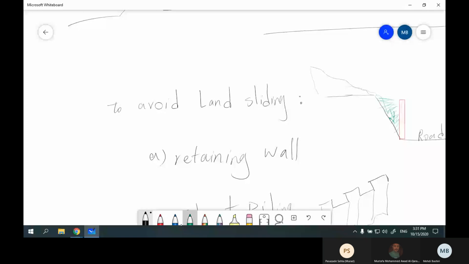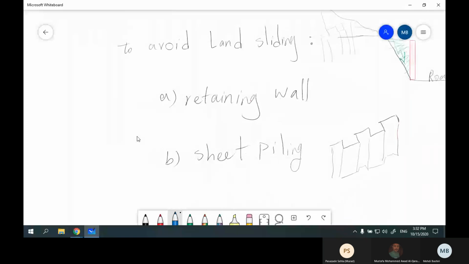How? For example, I know that in this part we have loose sand or loose soil. So I'll put these piles inside this ground so I can prevent landsliding. So the second method is to use sheet pile.